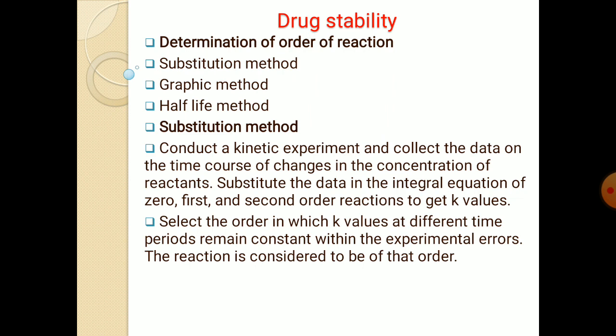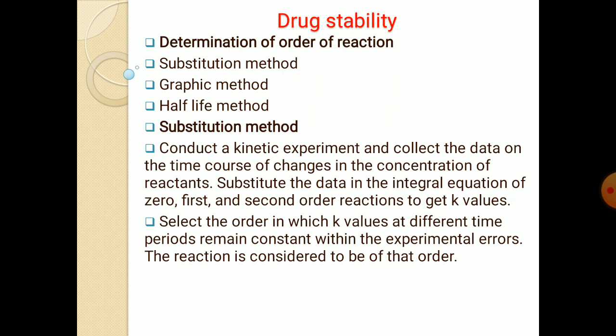The first method is the substitution method, which is a simple method. In the substitution method, just conduct the kinetic experiment. Take some parameter like temperature or concentration and see what the effect is, or how the concentration changes with time.